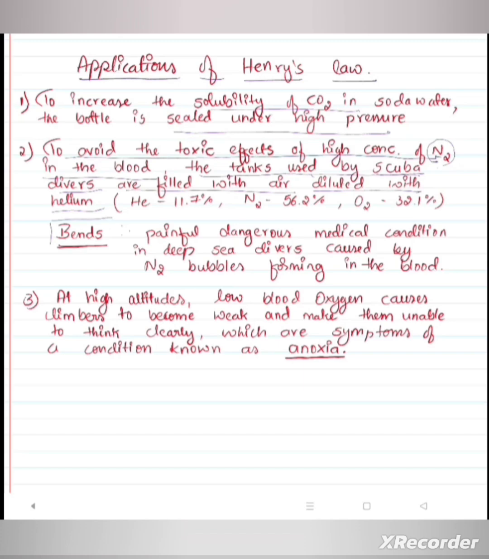That condition is called bends. Bends is a painful, dangerous medical condition in deep sea divers caused by nitrogen bubbles forming in the blood, which was dissolved underwater. This dissolved nitrogen gas will come out of the blood and form nitrogen bubbles.